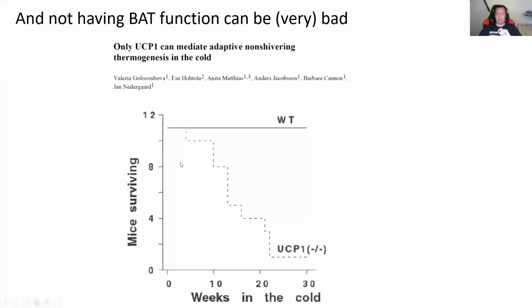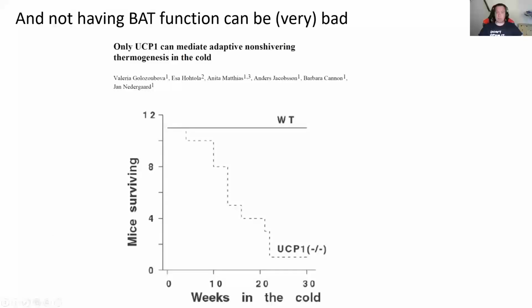Also, not having functional BAT can be very bad in the case of mice, and this is more relevant to us. Whilst those UCP1 knockout mice can survive in the cold, at least initially, they start dying. And actually, the most likely reason for them dying, though it was never worked out formally in this paper, but it's been looked at in some other research on slightly different models, is because they have to shiver continuously, their muscles start to break down, and they get massive amounts of creatine in their blood, and this screws up their kidney function.